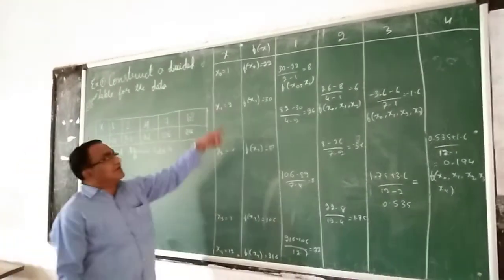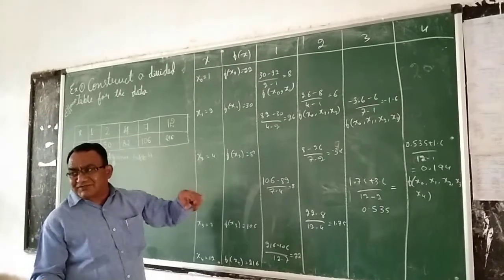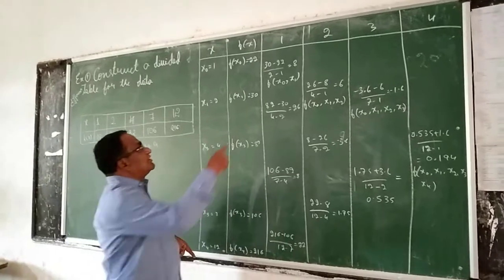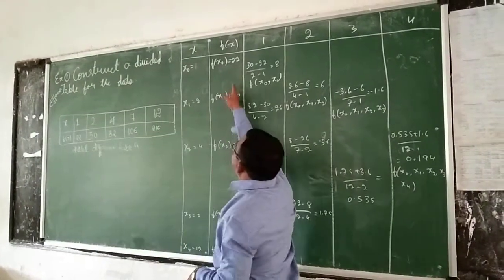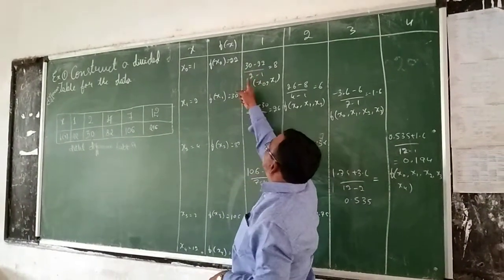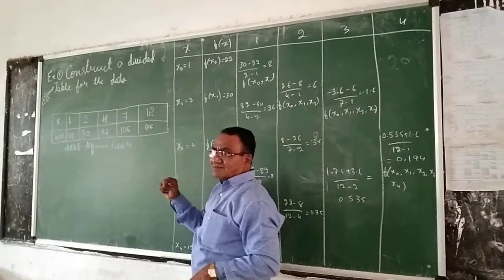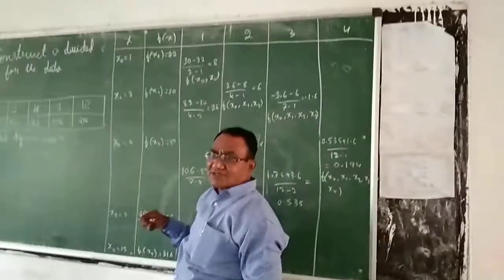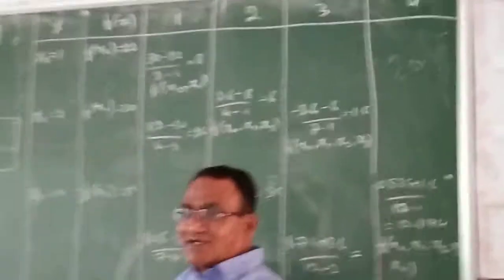And in order to find the first order difference, as usual in the forward and backward difference table, you subtract: 30 minus 22 divided by 2 minus 1, and it is nothing but f of x0 comma x1, the first order divided difference.